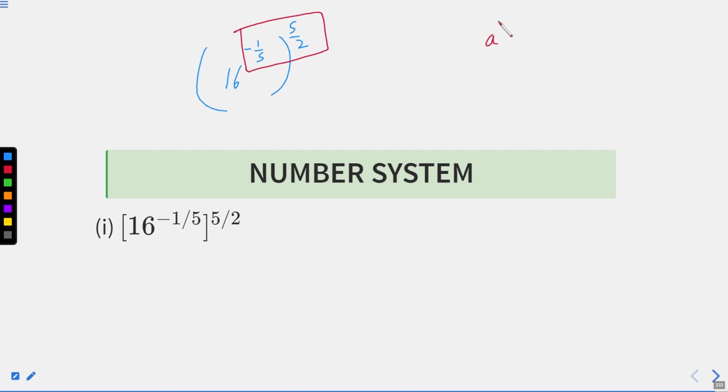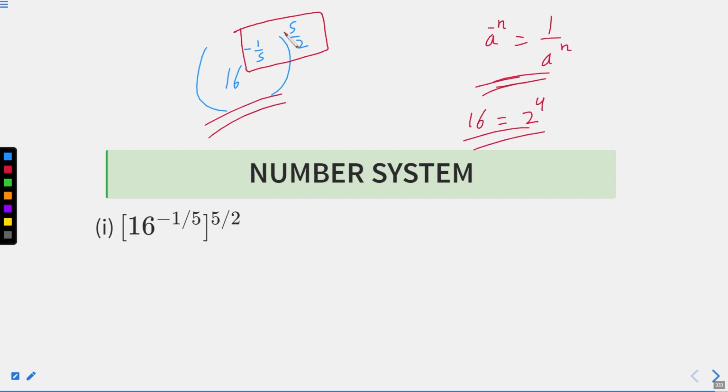Also, don't forget to use this property, and also remember that 16 is equal to 2 raised to the power 4. Now this is enough information to simplify the question.